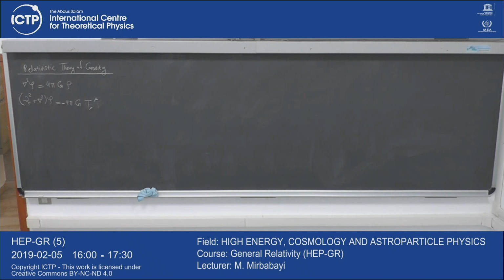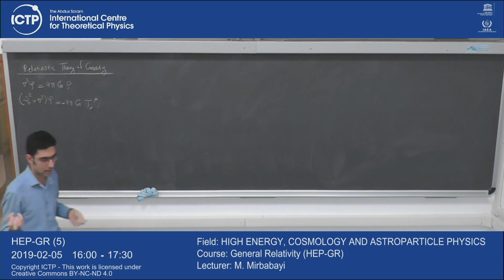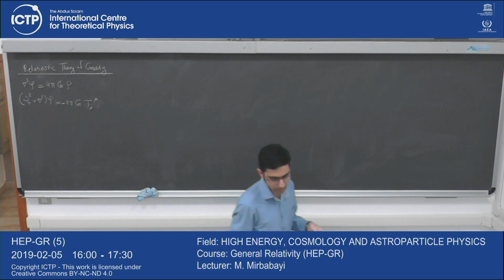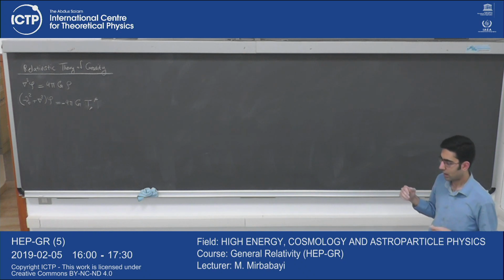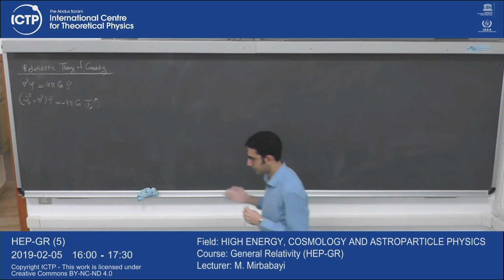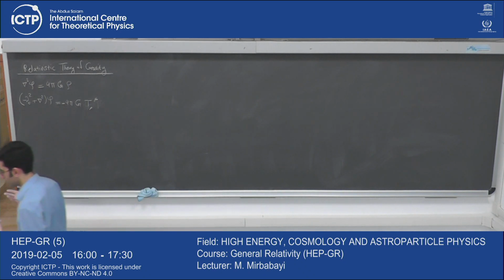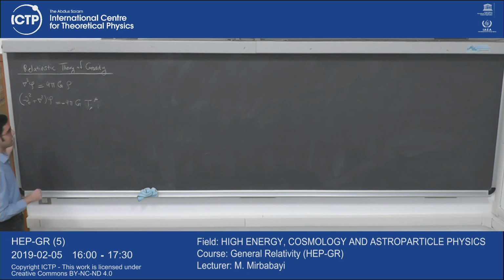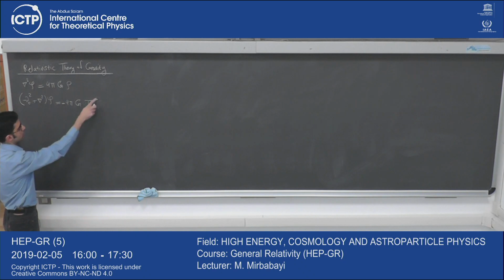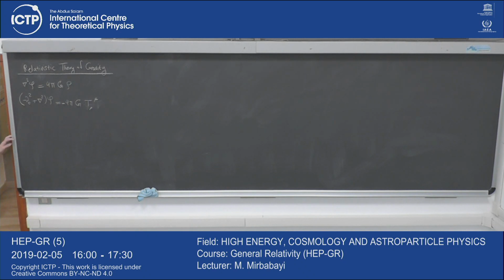This is the most natural object that exists in the relativistic theory. The stress energy tensor is something that knows about the energy and the momentum. And energy, we know that in the non-relativistic limit reduces to mass. So there is a hope that this quantity reduces to rho. In fact, this sign is chosen such that it does. And it is a scalar because I am tracing, summing over the repeated index.